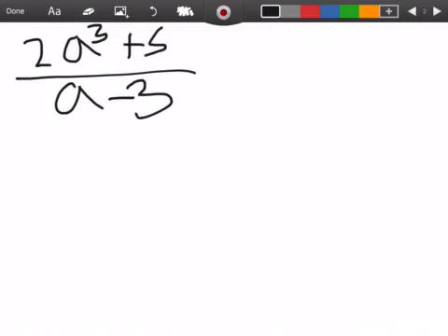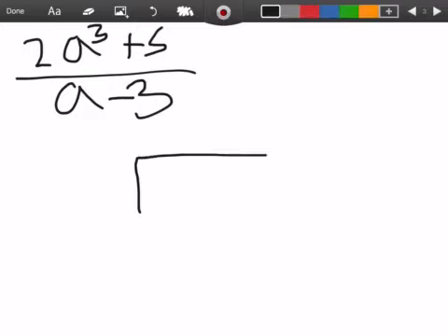Now let's do a little trickier one. So we have 2a cubed plus 5 over a minus 3. So to rewrite this, we'd have to make it so it's 2a to the power of 3, something a to the power of 2, something a, and then plus 5.